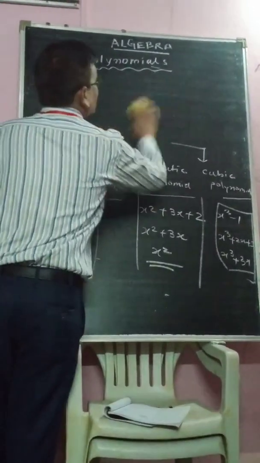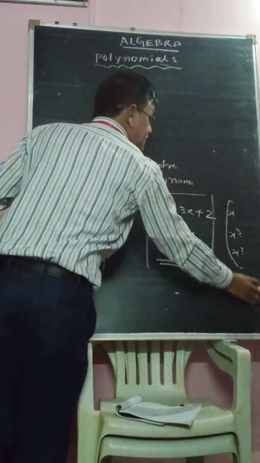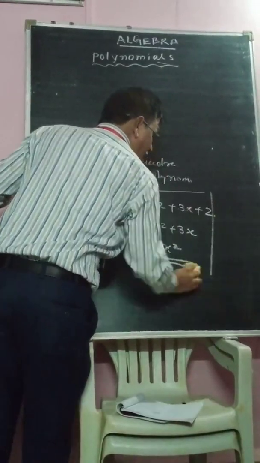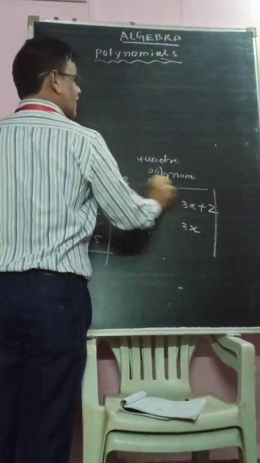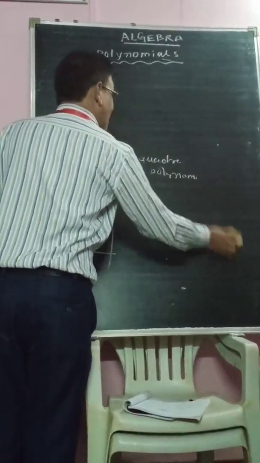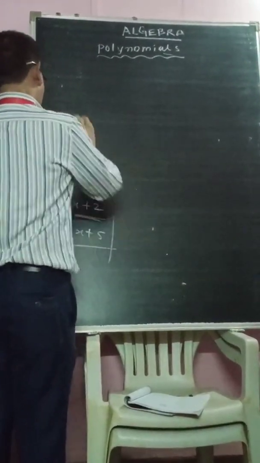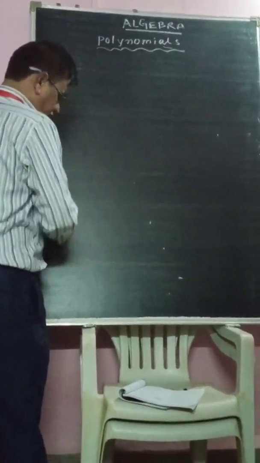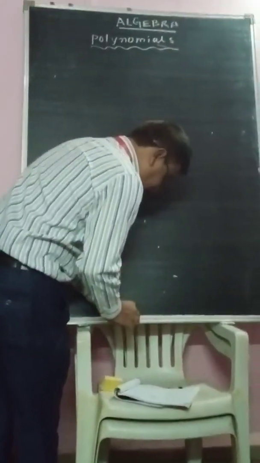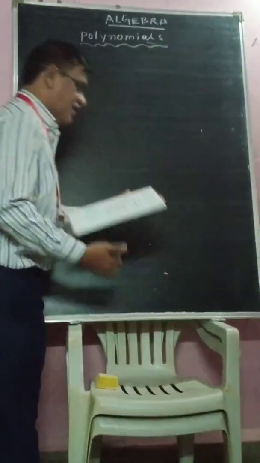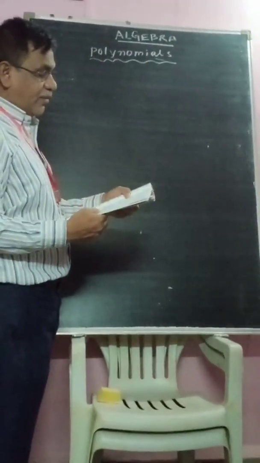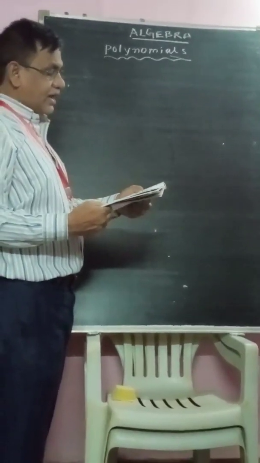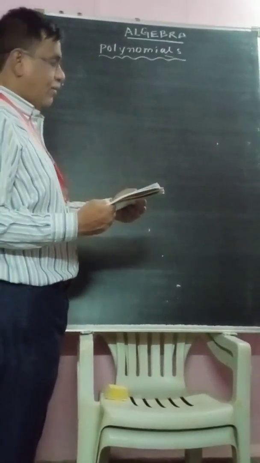Now come to the exercise. I think you get all the concept here. Now come to question number 5. In question number 5, classify the following polynomials into linear, quadratic and cubic polynomials.